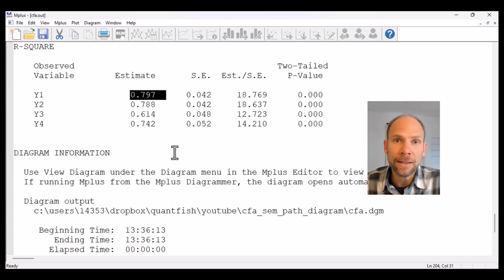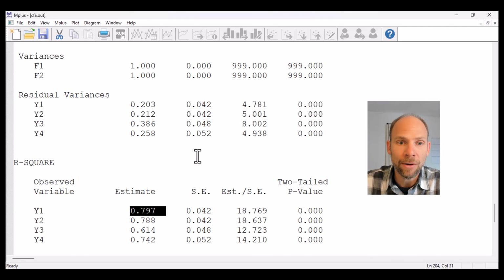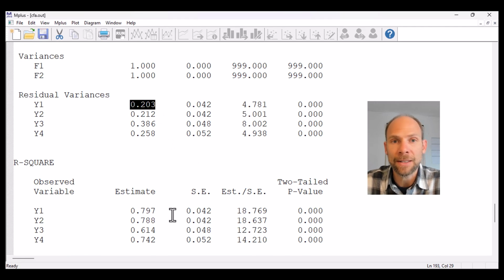It would indicate that 79.7% of the measured variance, so the variance in the indicator y1, is true score variance or is factor variance, and so that means basically 80% of the observed variance is reliable variance, only about 20% is unreliable or error variance, and the unreliable or error variance is provided by the standardized residual variances in Mplus.